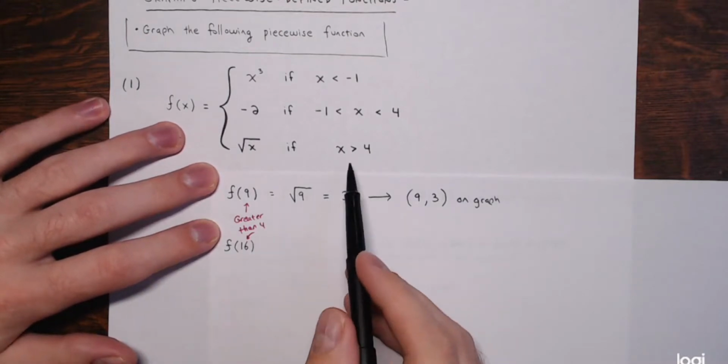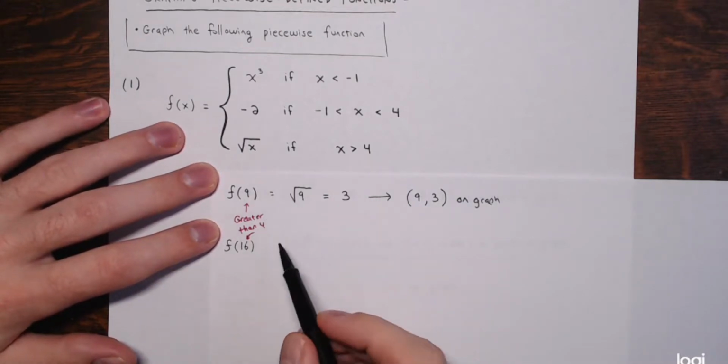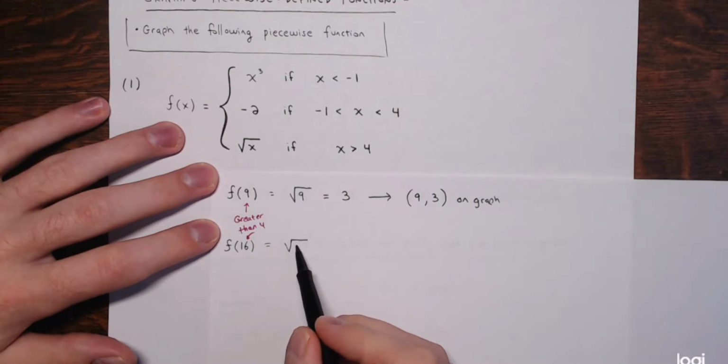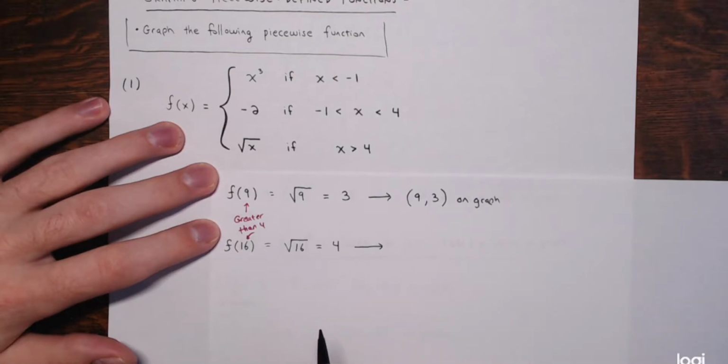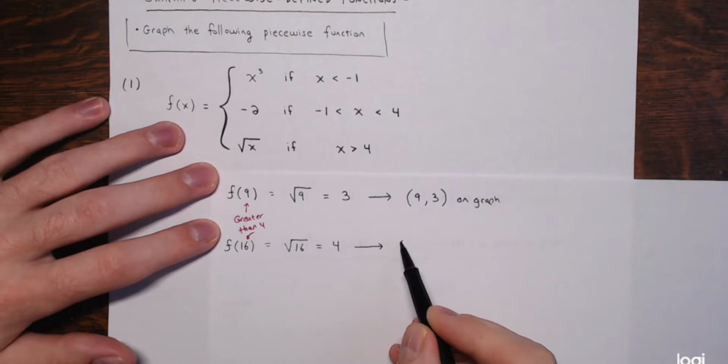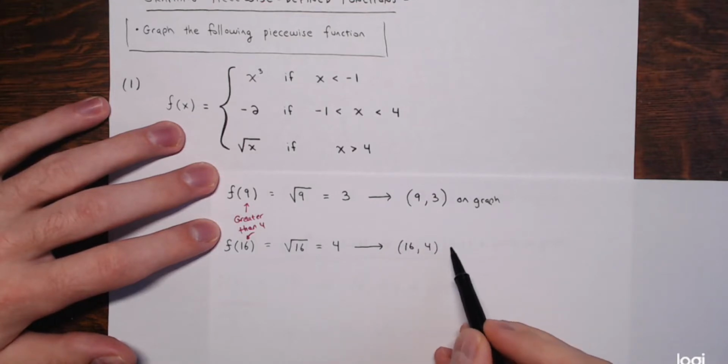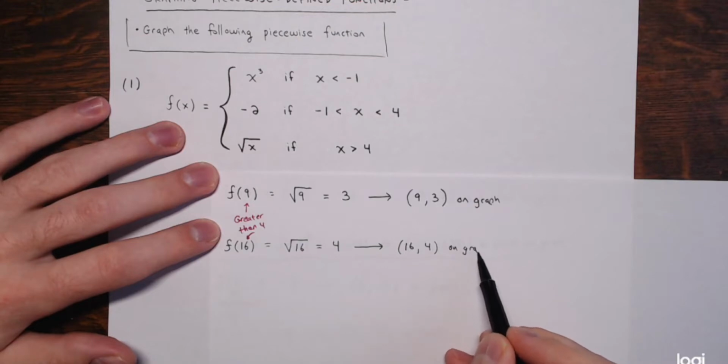It satisfies this third condition. So this would be the principal square root of 16, which is 4. And once again, I can determine a point on the graph: 16 input, 4 output. This point would be on the graph of this function.